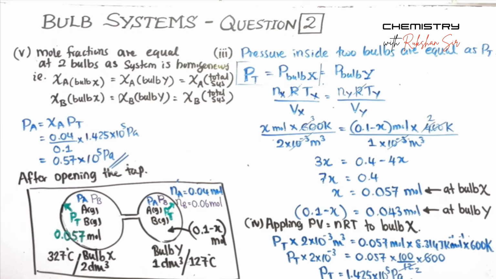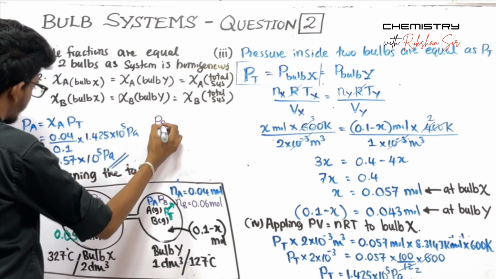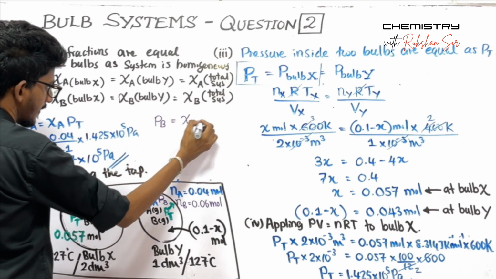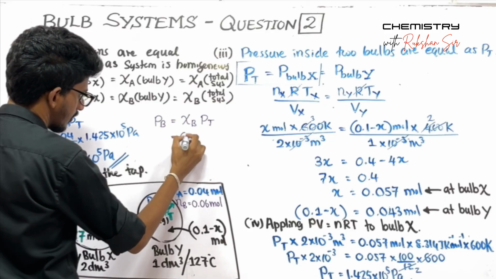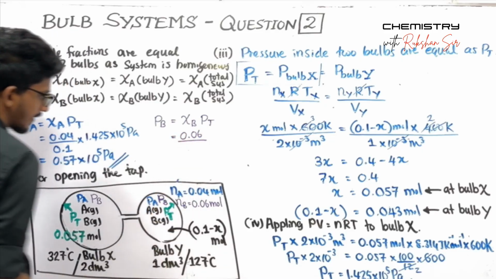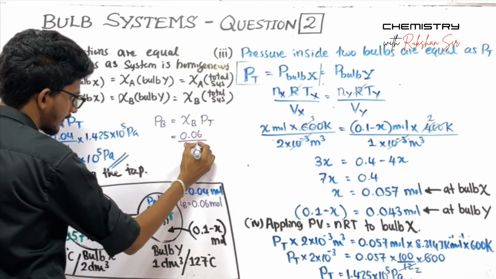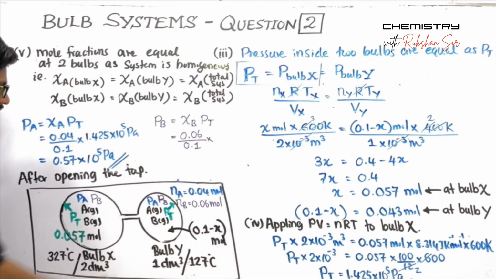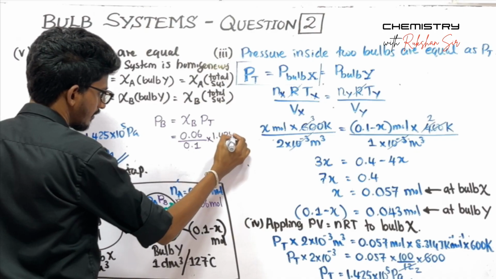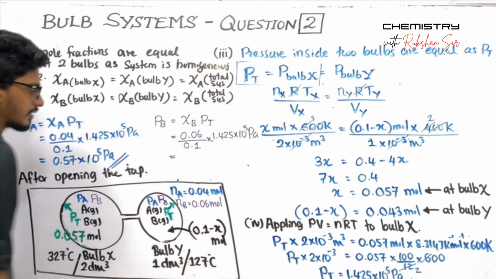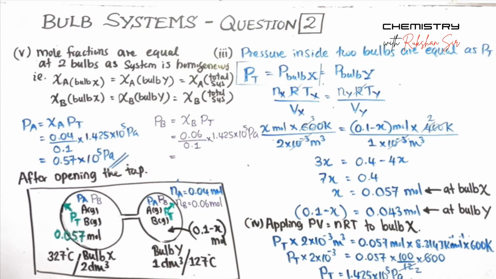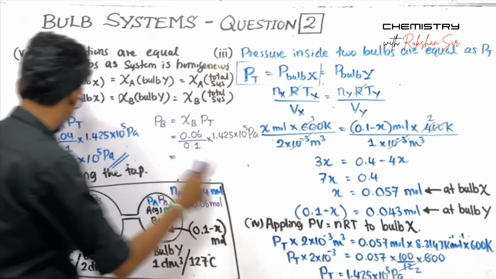So what about the partial pressure of B? PB can be written as XB times P total. XB is the number of moles here, 0.06, divided by the total moles, that is 0.1, times P total, that is 1.425 times 10 to the power 5 pascals. You can also compute it as this minus this.